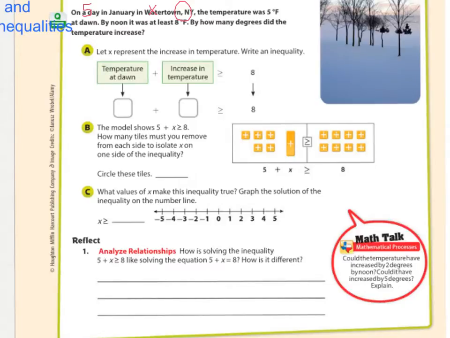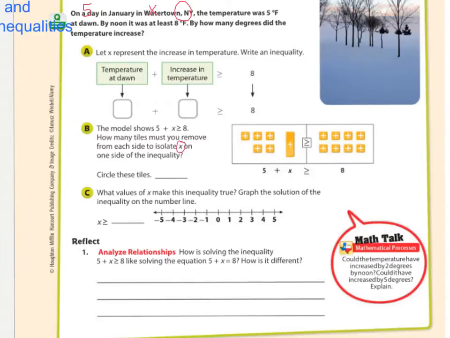So how many tiles must you remove from each side to isolate x on one side of the inequality? Isolate means to get it all by itself. So if we have x here and we want to find out what that equals, we have to get rid of these. So we're going to knock out 5, which means you have to keep it balanced by knocking out 5 over here.